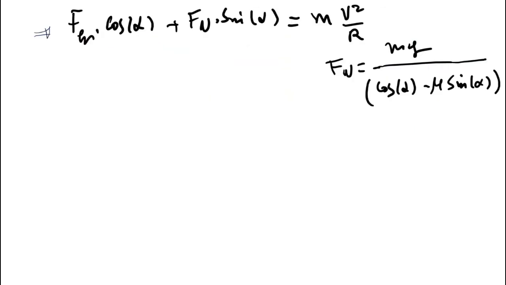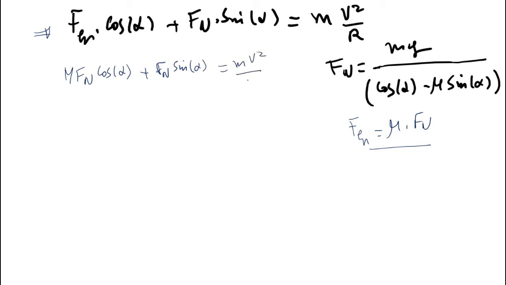From the first equation, we have friction force times cosine alpha plus normal force sine alpha equals mv squared over r. We said the friction force is the coefficient of friction times the normal force, so I can replace it: mu times normal force cosine of alpha plus Fn sine of alpha equals mv squared over r.